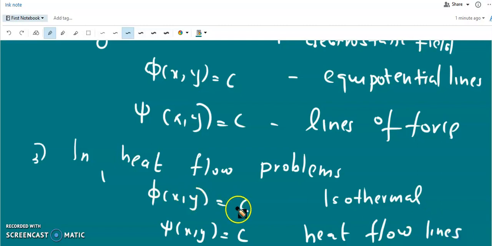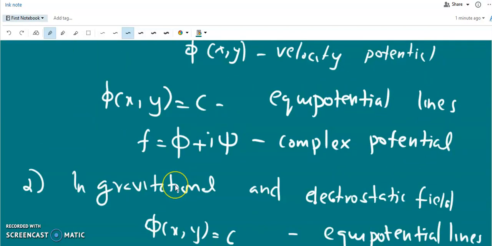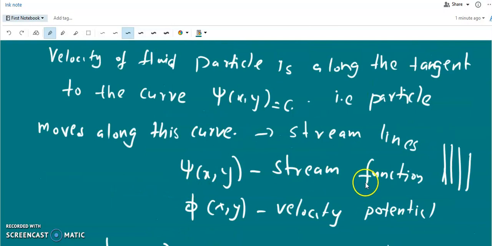Given phi, you can find psi, since they are the real and imaginary parts of the analytic function. If psi is given, you can find phi also. So if the stream function is given, you can find the velocity potential, and if the velocity potential is given, you can find the stream function.